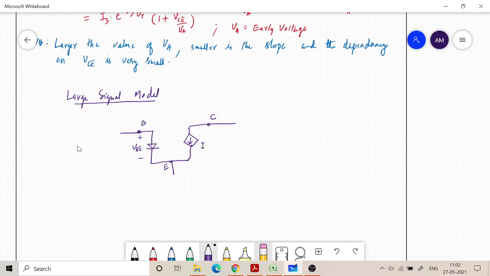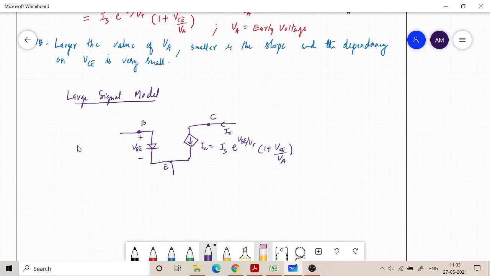This current itself is the collector current IC, and I can write it as IS into e raised to VBE by VT into 1 plus VCE by VA. This is the expression for the voltage dependent current source.